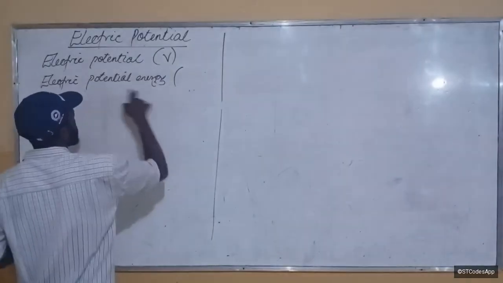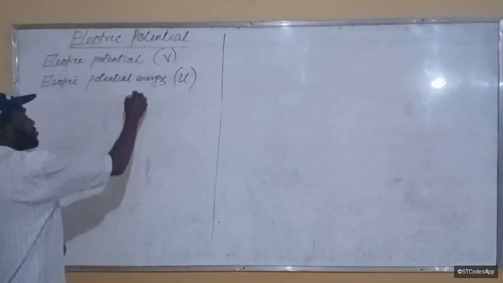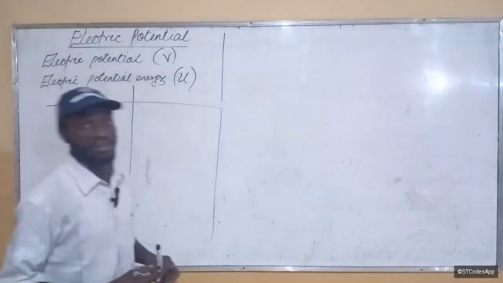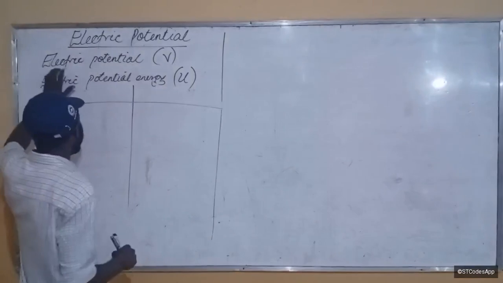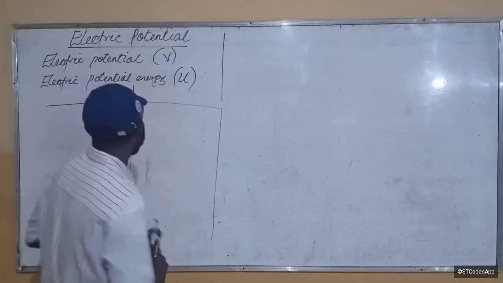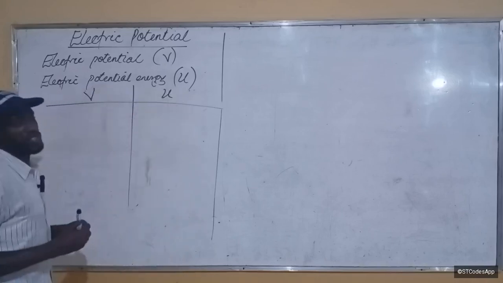While electric potential energy is denoted by U. Remember, that's the same letter we use in thermodynamics for the internal energy of a system. So electric potential is V, electric potential energy is U. Now, what's the difference between them?